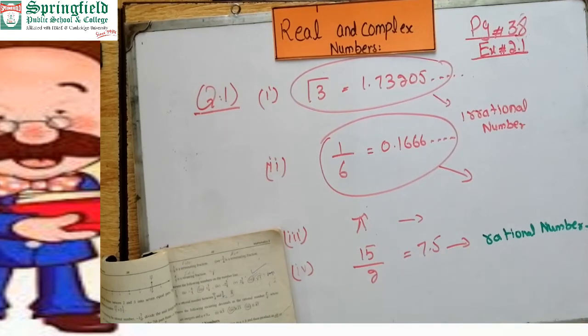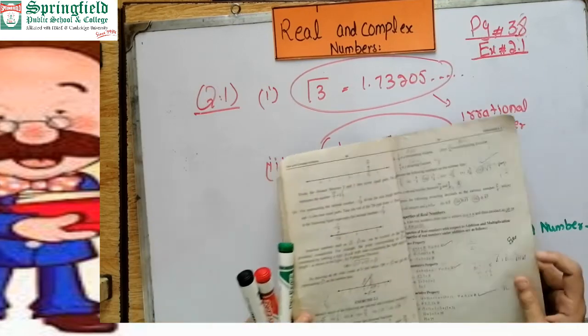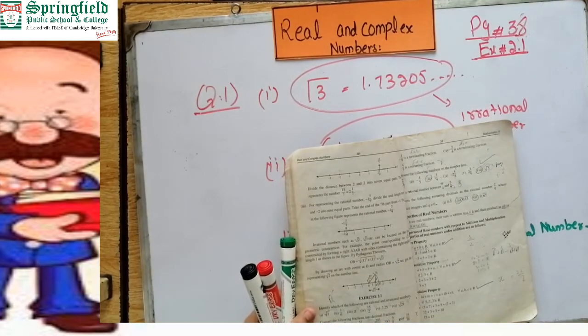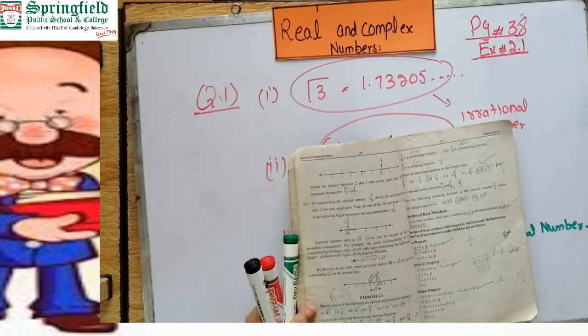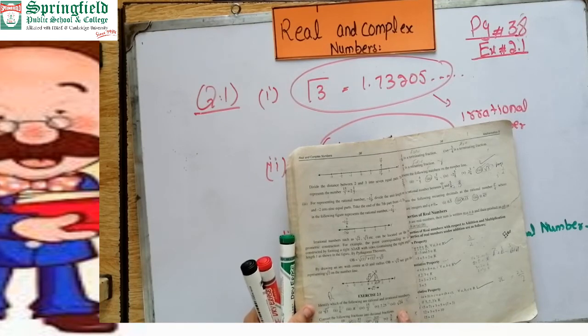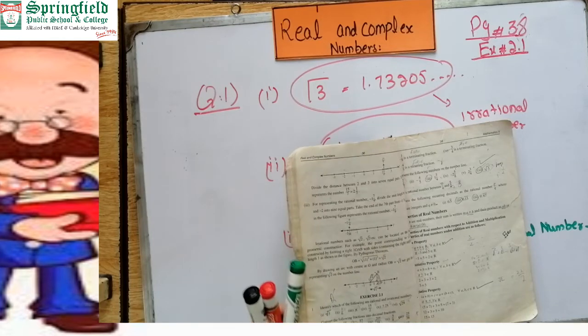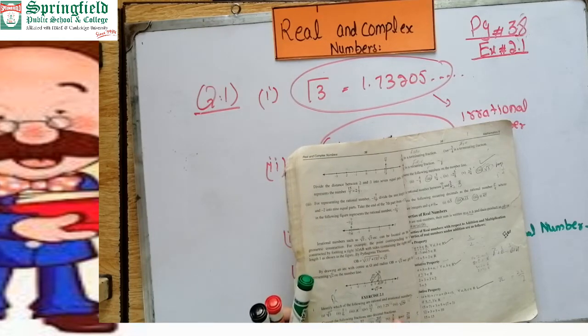Fine. Next, the fifth part, 7.25. Is 7.25 a rational or irrational number? It's your task. Is under root 29 a rational or irrational number? It's your task. Fine. So complete this question in your notebook.